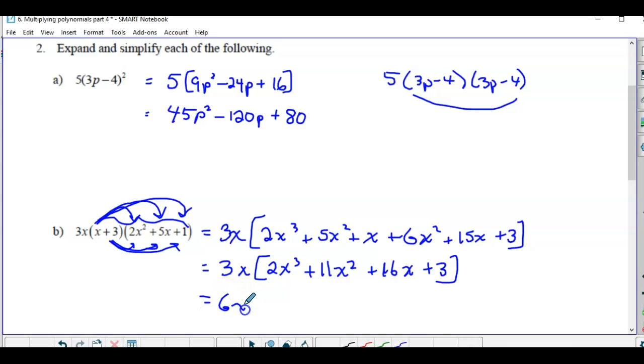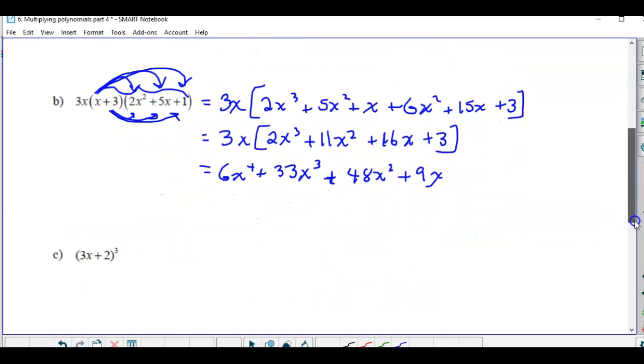So that'll be 6x to the 4th plus 33x cubed plus 48x squared plus 9x. Okay. So that's my recommended way of doing it. Getting rid of the brackets, at least getting it down to one big bracket, and then multiplying by the monomial.